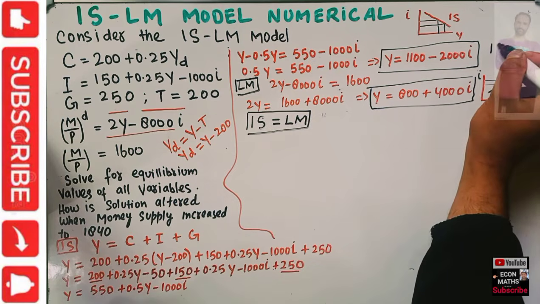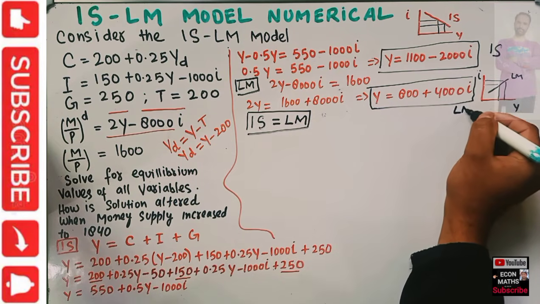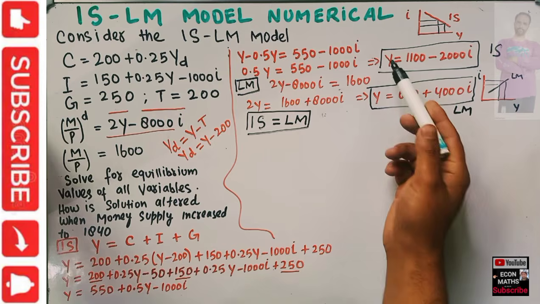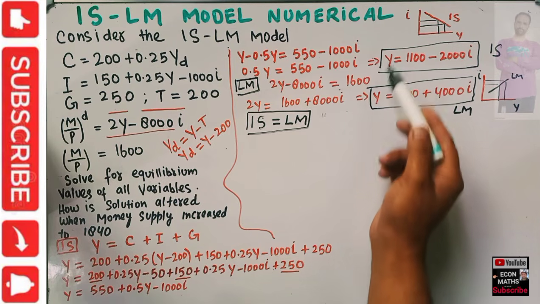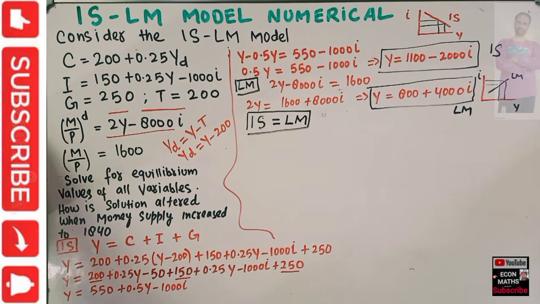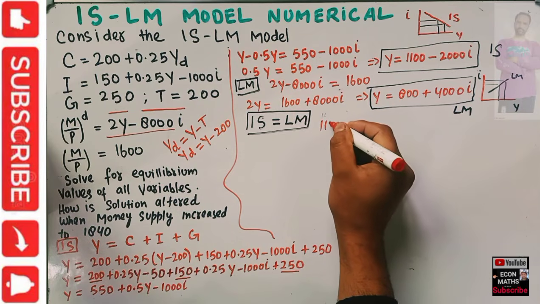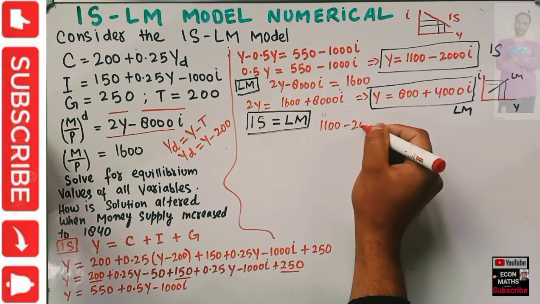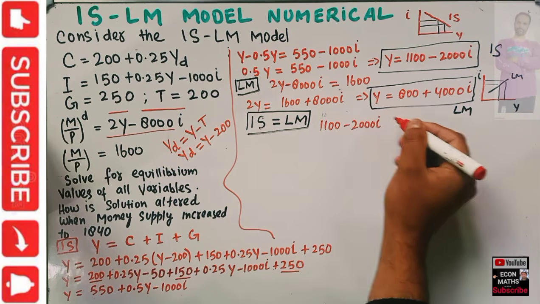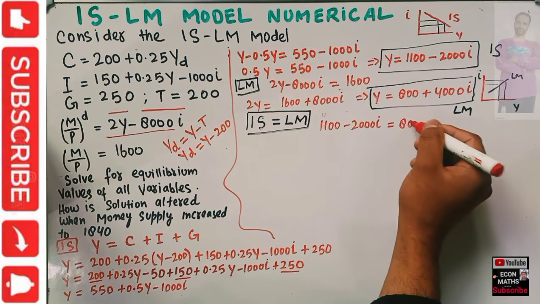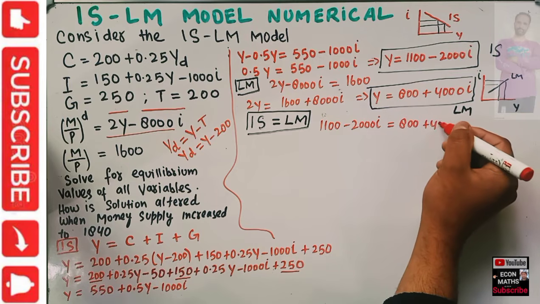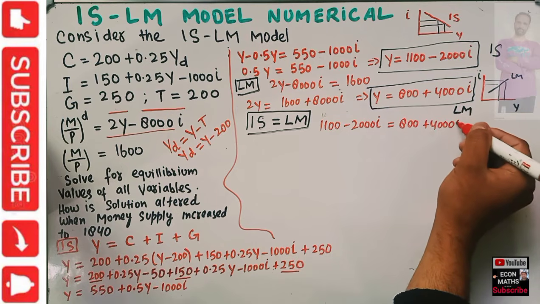This is our IS curve, this is our LM curve. Now y is here, y. Since LHS is same, we can equate RHS, simple thing. So which means 1100 minus 2000i is equal to 800 plus 4000i.